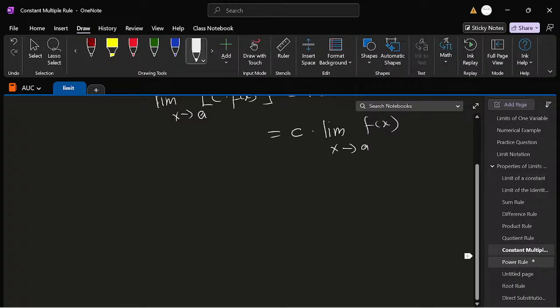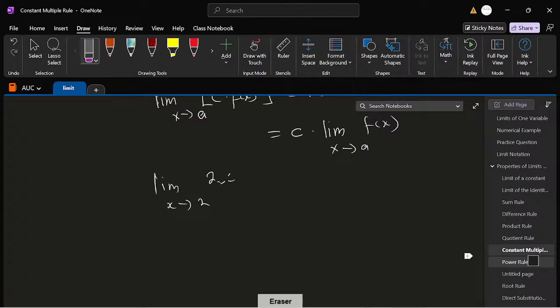So let's say we want to evaluate the limit as x approaches 2 of 2 into 5x.